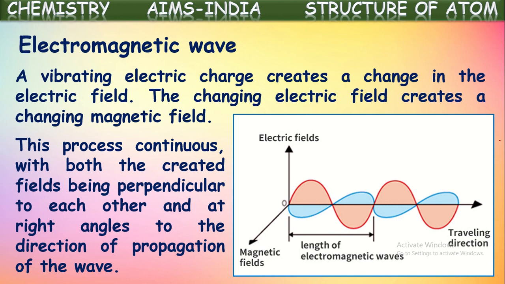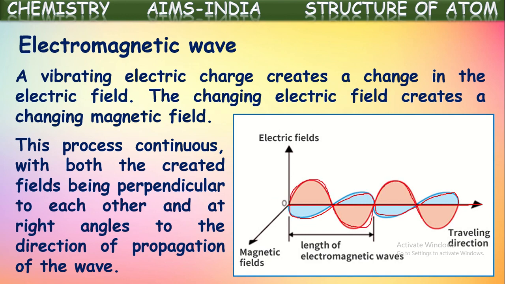See the diagram here, picture given. This is the wave propagation direction, and this is the magnetic field. This green blue light represents the magnetic field, and this is the electric field.